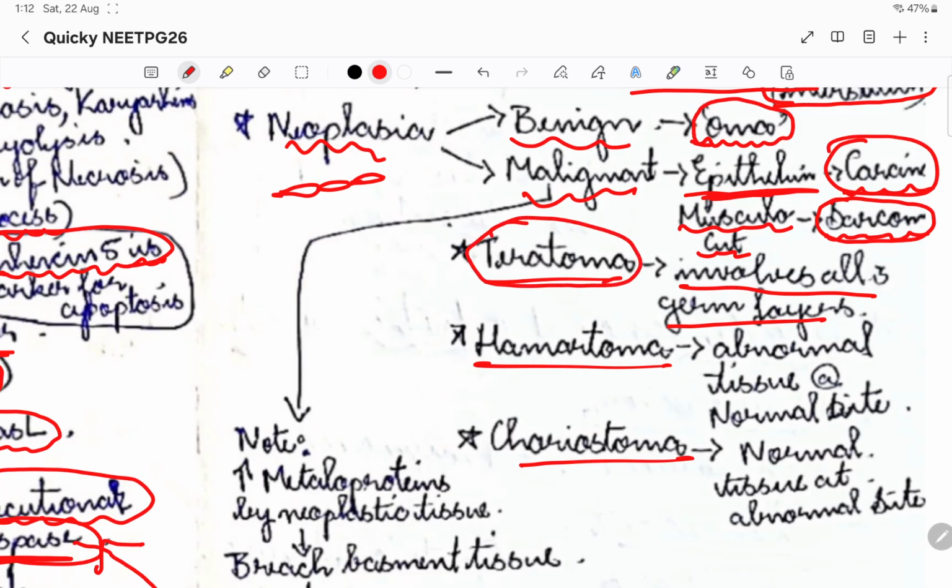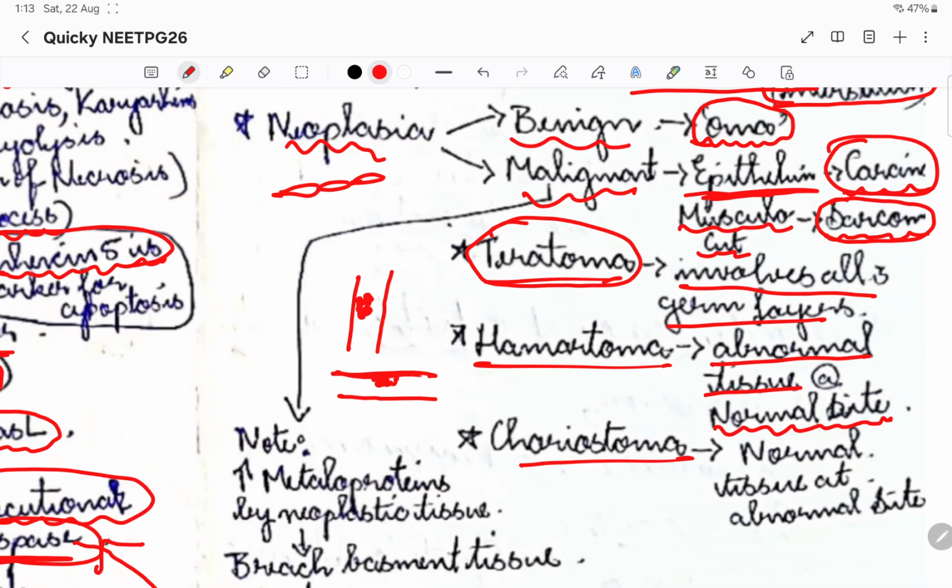Then coming to hamartoma, an abnormal tissue at a normal site, okay. For example, an intestine is there, abnormal tissue, some cancer cell has come in the intestine, so that is known as hamartoma. Choriostoma is a normal tissue, this is a normal squamous cell which is present in an abnormal site.